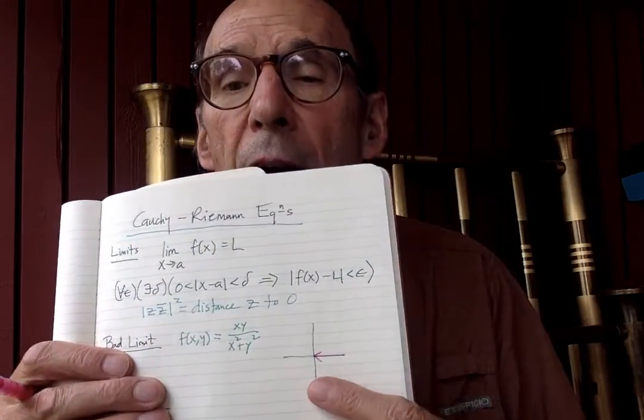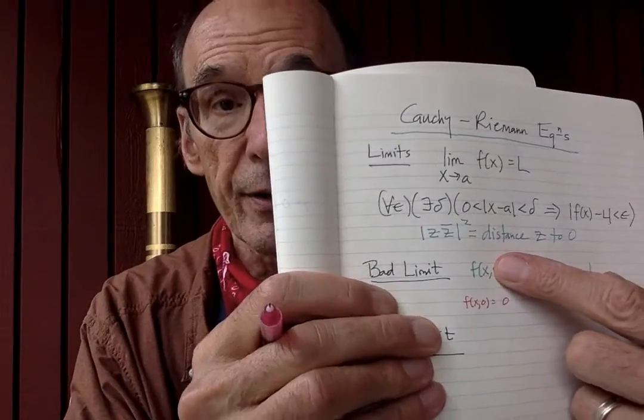What's interesting about this is if we look in the xy plane, this is why it's a little bit confusing sometimes. If we look at values that are on the x-axis, so those would look like x, 0, f of x, 0 is 0 because the top of this fraction is 0.